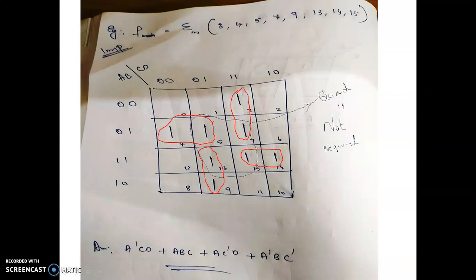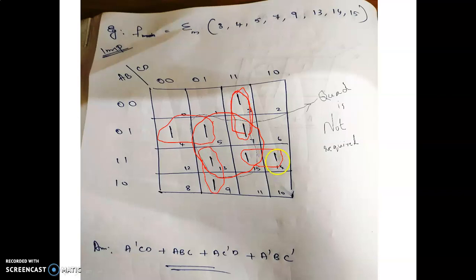Okay, so when you see this, you can see 4 ones obtained here. So we have a tendency of grouping as a group of higher values. So we may group it as a quad here. So these four ones will be grouped. Okay, now in order to group this one, you will be grouping with this one to make it a pair. So this will be grouped.